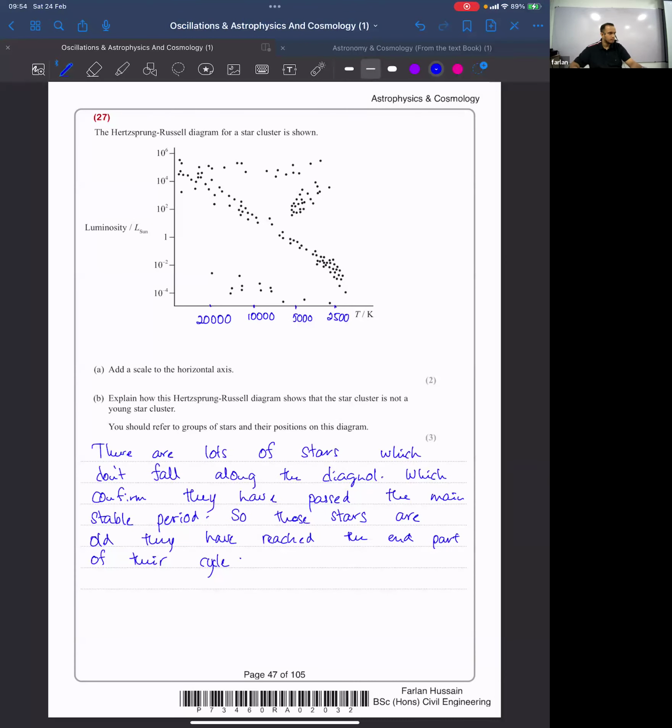So that means most of them are not, I mean, not everything is falling in the diagram. Young star cluster means you can consider most of them falling in the main stable period. It depends on how young it is now.